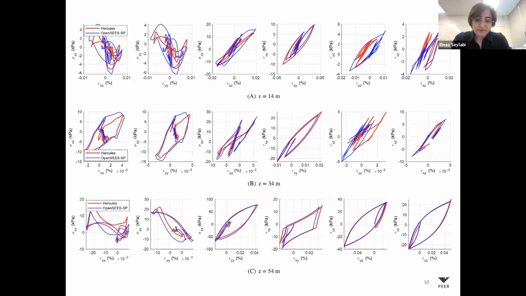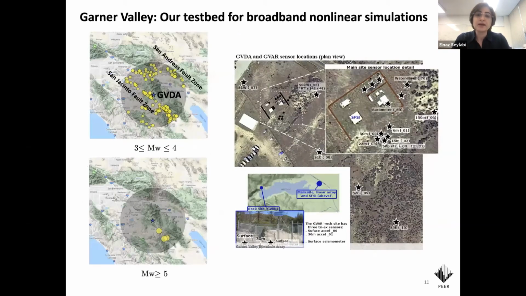So after building confidence and feeling comfortable with that implementation, we moved toward using this model for performing deterministic ground motion simulations. For now, we're considering Garner Valley as our test bed. This is a valley in Southern California between two fault zones: one is San Andreas and the other one is the San Jacinto fault zone.